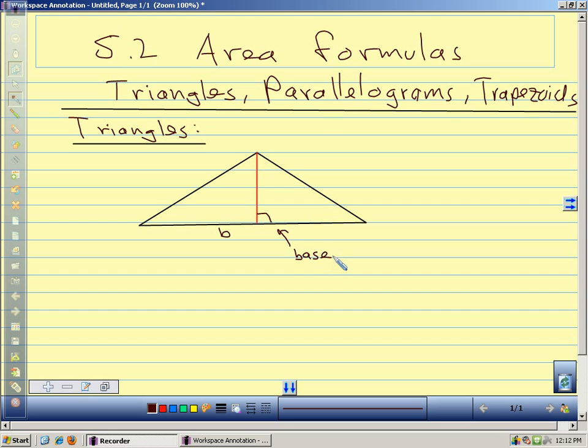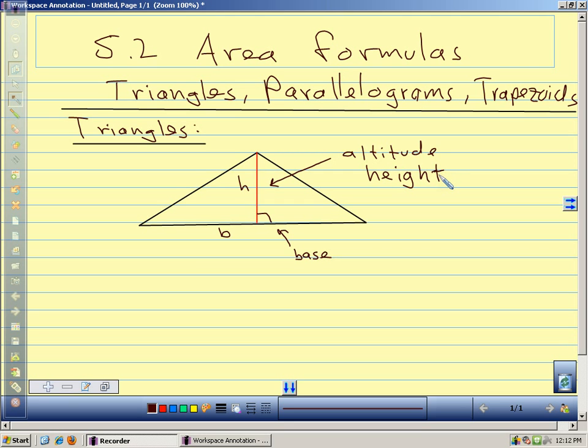And we're going to call this red segment the altitude. And the length of that is H. We'll call it H, and we usually use the word altitude and height to mean the same thing. Altitude is the name of the segment, and height is the length.